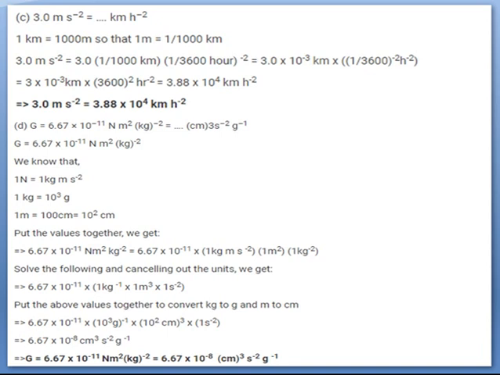Let us see part D. You have to convert the universal gravitational constant, that is capital G, equal to 6.67 into 10 raised to the power of minus 11 Newton meter square per kg square into centimeter.